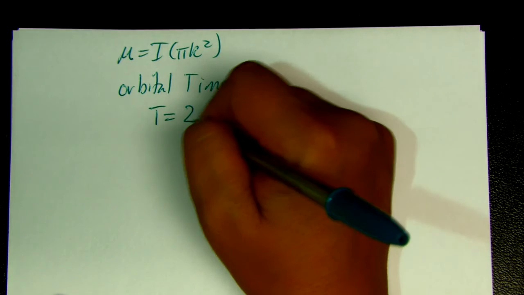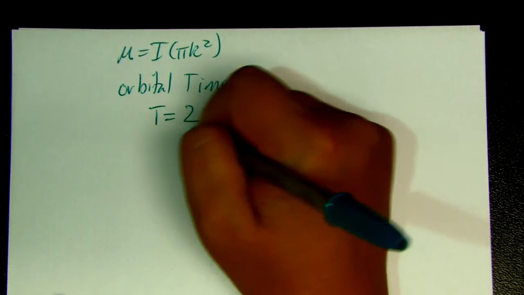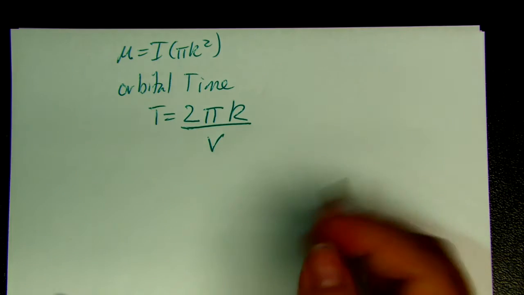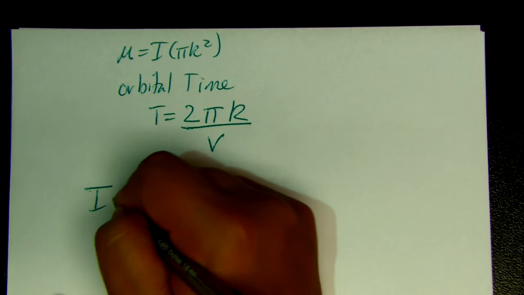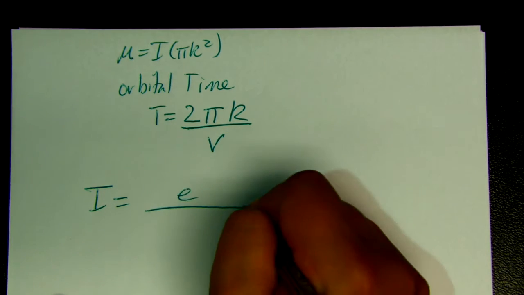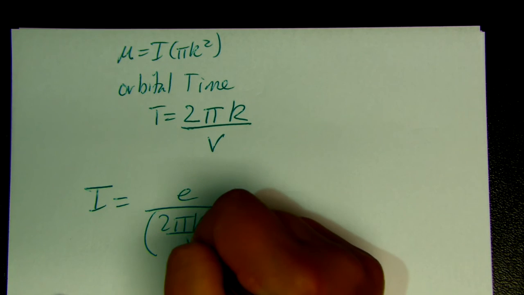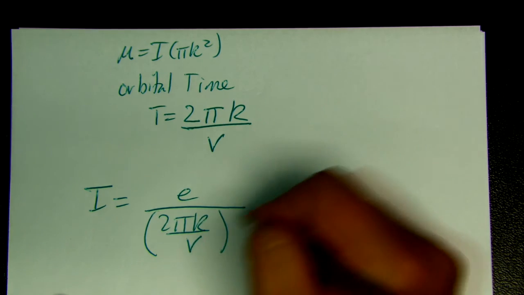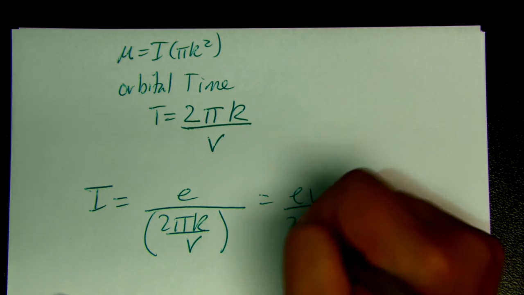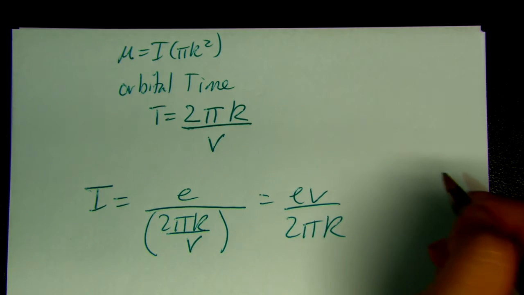The period T is equal to 2 pi r over v, and we can say I is equal to e over 2 pi r over v, which is equal to e v over 2 pi r.